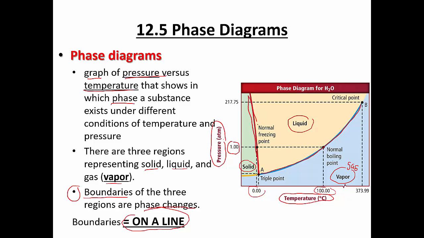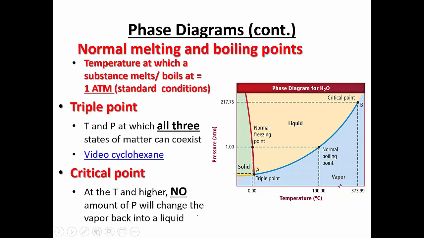Along our line between a liquid and a solid, you'll be between melting and freezing. So when you're on the boundary line, you're in between the two. And between a solid and a gas, it's deposition and sublimation. So that's when you're changing states of matter if you're on the line.